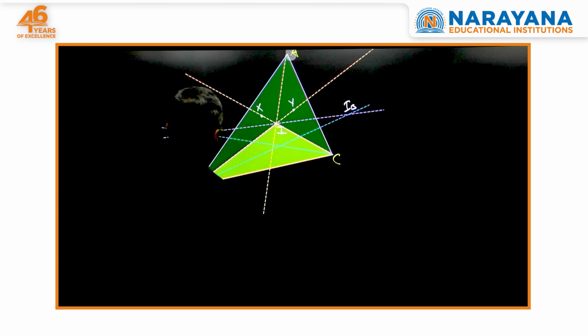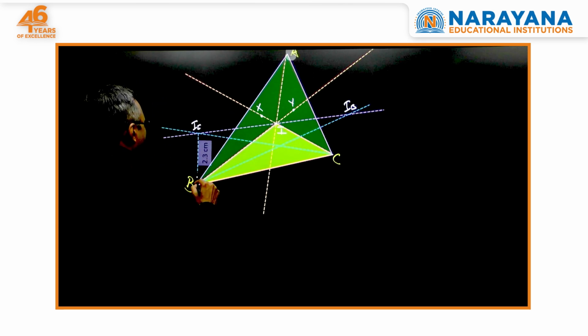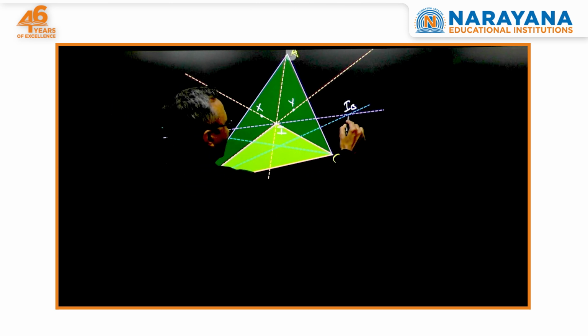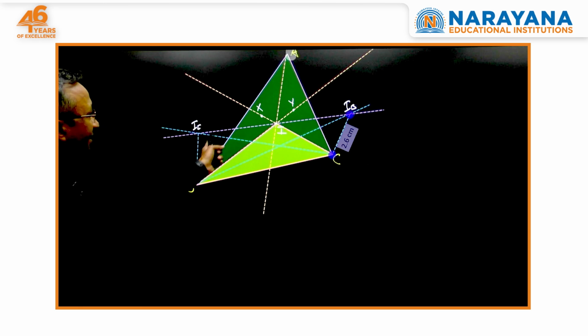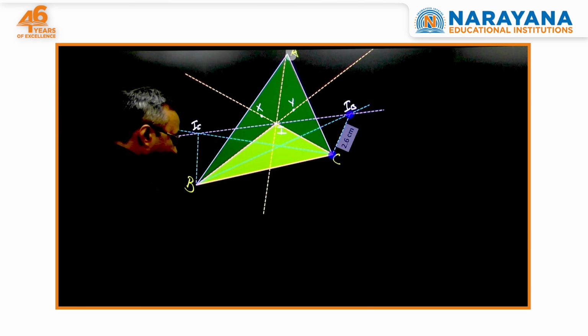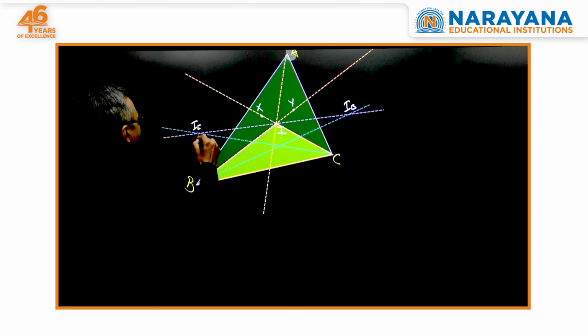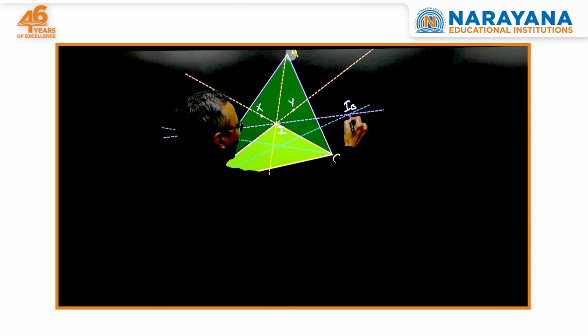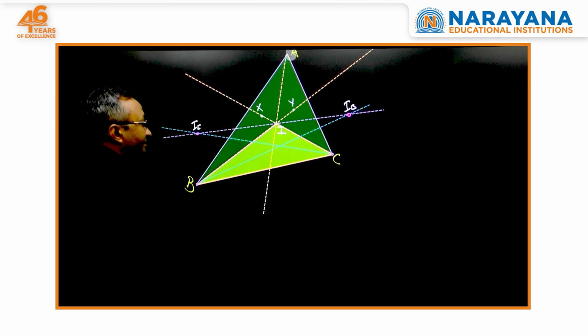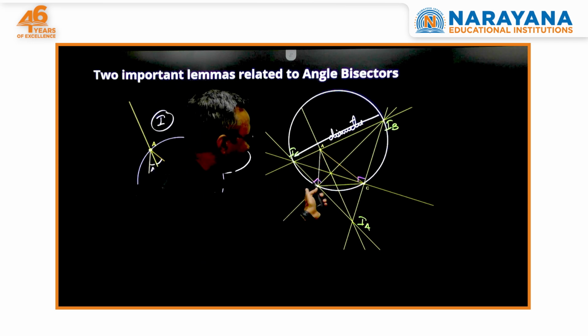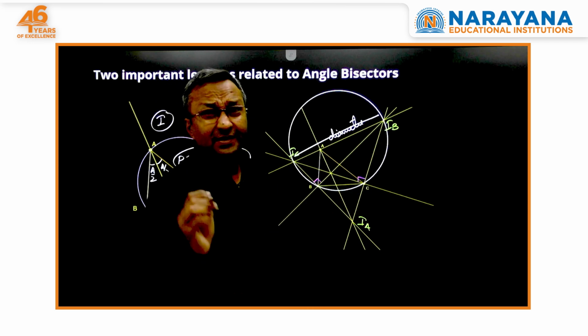If this goes correct, then if I join IC with B and IB with C, I realize that I have a cyclic quadrilateral. We need not join also, let's not join. We have a cyclic quadrilateral, and what is that cyclic quadrilateral? IC, IB, C and B. Remember, in the lemma we had taken this thing for triangle ABC with IBIC as diameter.